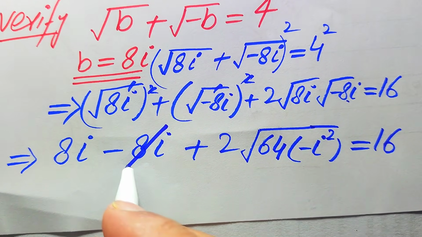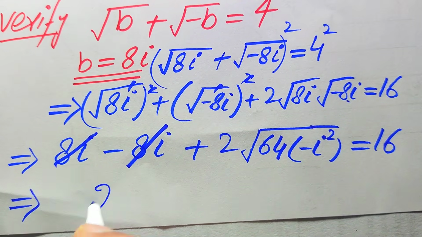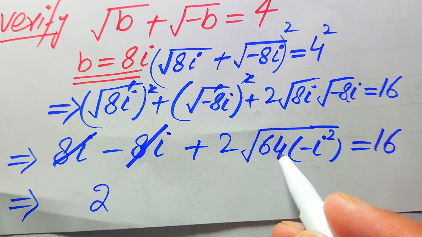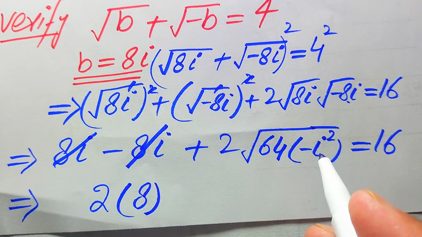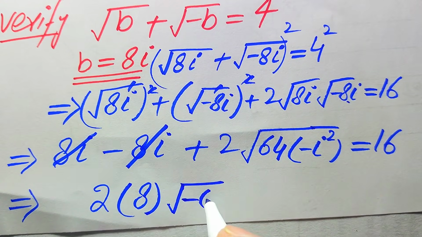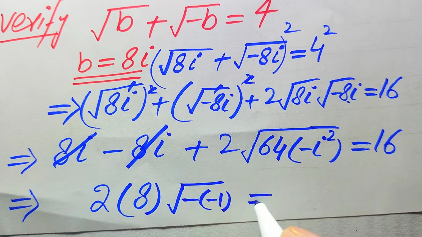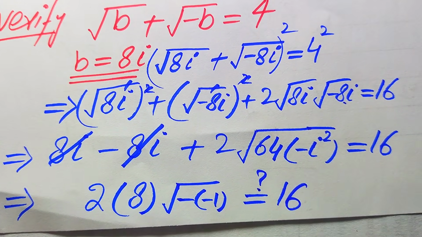You see that negative 8i and positive 8i are gone, and we get 2 times √64, and we know that the square root of 64 becomes 8. Further, the value of i² is equal to -1, and we check whether this equals 16 or not.